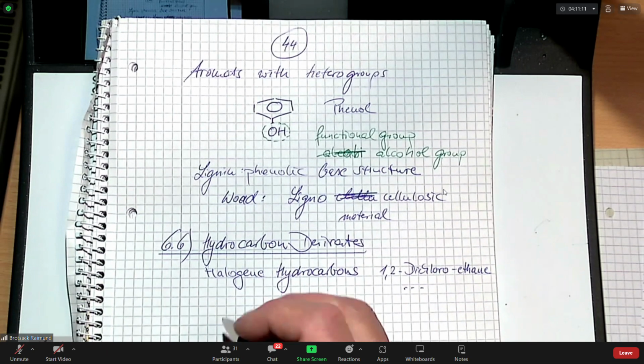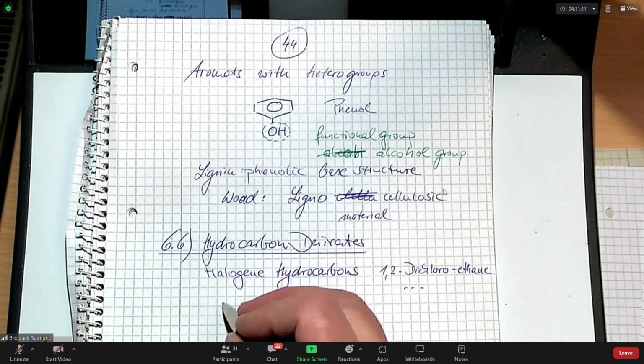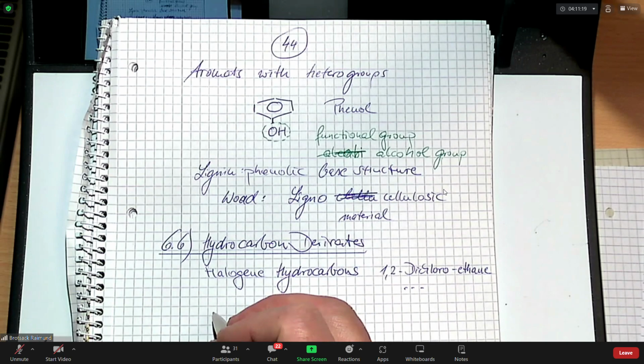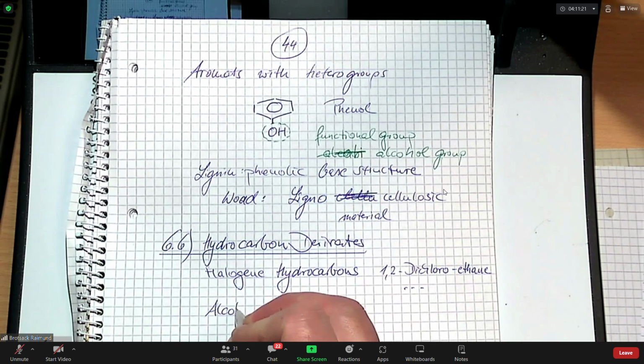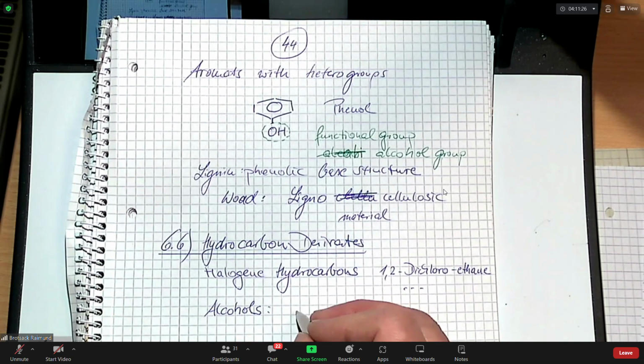The alcohol is another derivative of hydrocarbon molecules, alcohols. The functional group is the OH.